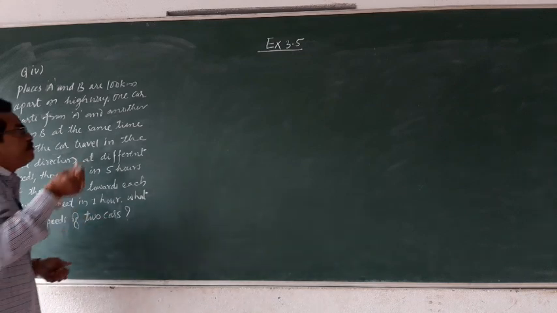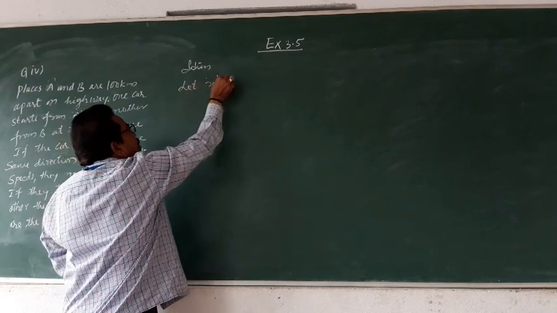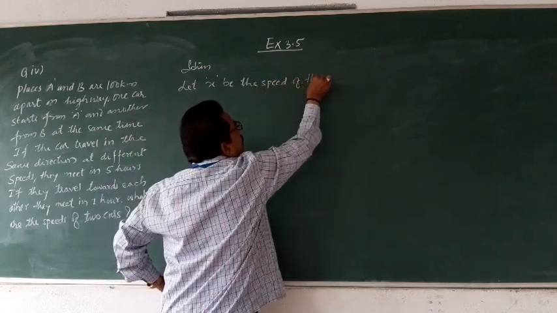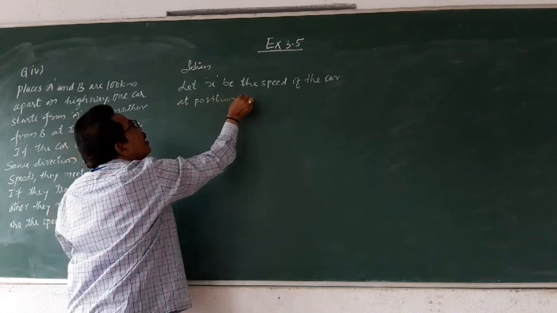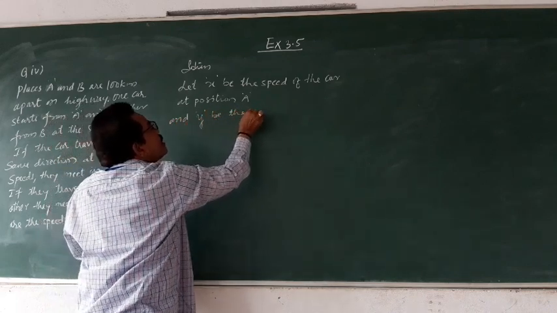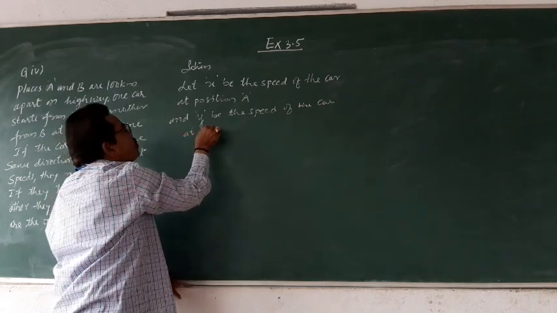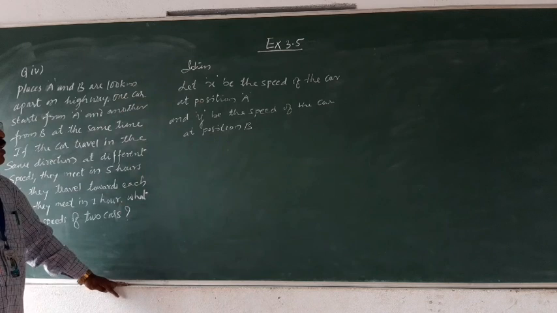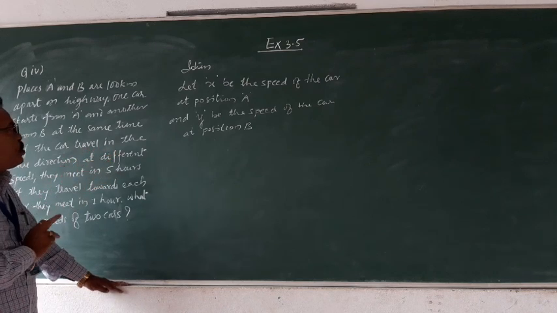Okay, let x be the speed of the car at position A, and y be the speed of the car at position B. The unit will be kilometer per hour.